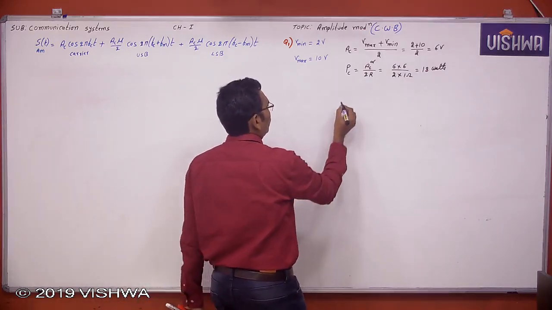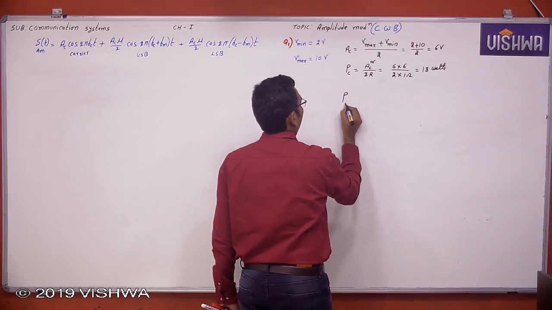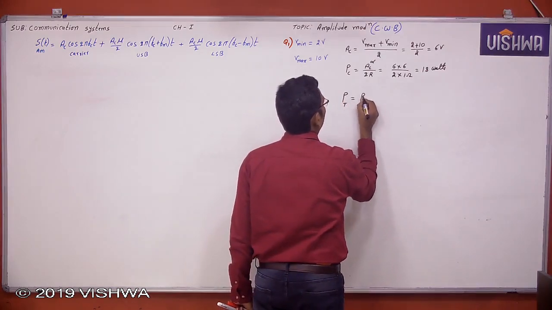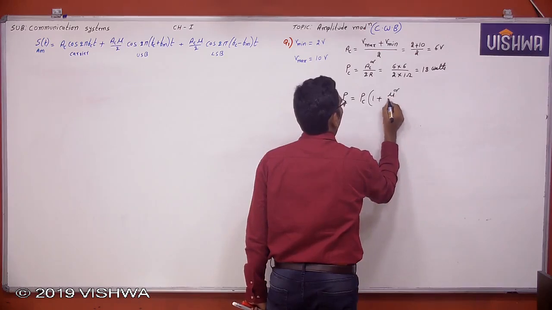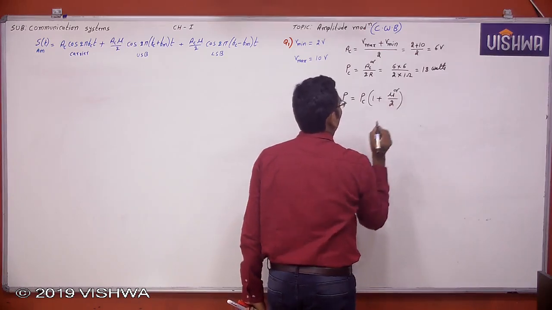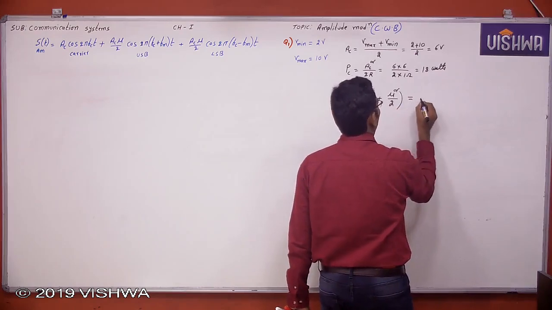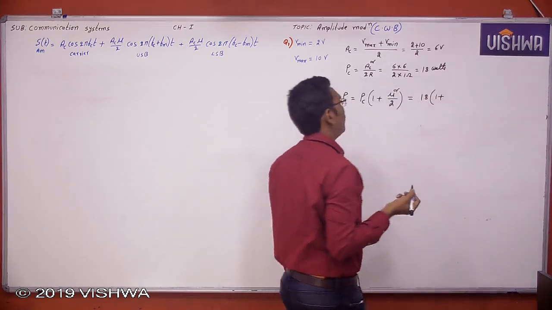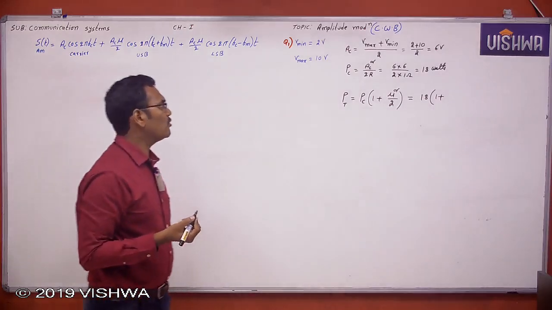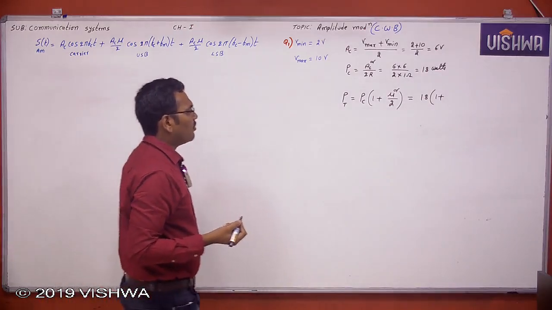Now, what is the total power? The total power is Pc into 1 plus mu square by 2. Pc is 18 into 1 plus, but is a modulation index given? No. Then how do we get the modulation index?